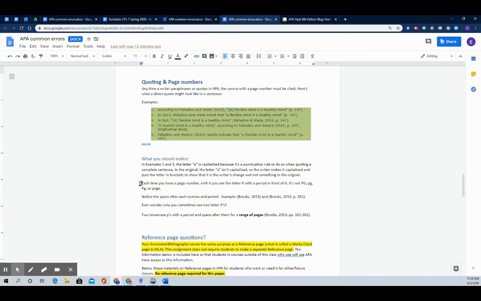You also should notice that each time you have a page number, when you see the letter P, it's a lowercase p and there's a period. I should say after it. Let me correct that real quick. Period after.